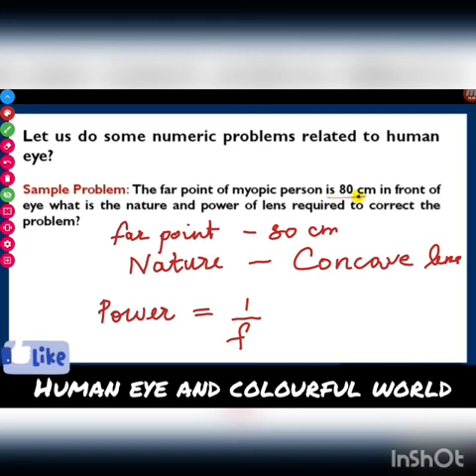The far point is the same as the focal length. Therefore here it is 1 by 80. And we know that a concave lens is a diverging lens, so it will be in the negative direction. Therefore, the answer will be 1.25 diopter, where diopter is the unit of power.